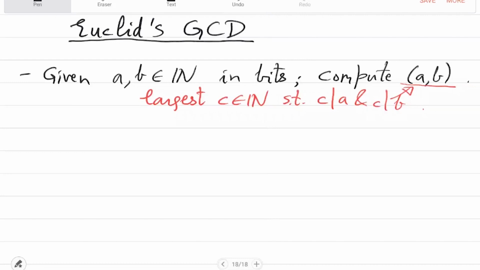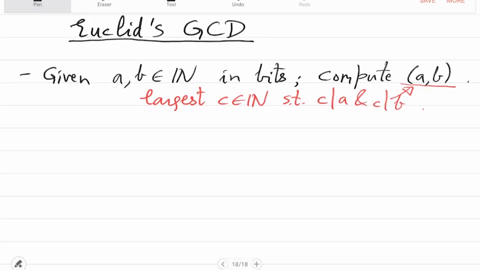So the way this definition is written, it seems that it is necessary to factorize A. Because if you recall the prime factorization theorem, any number like A can be factorized into primes, right? And C also can be factorized into primes.